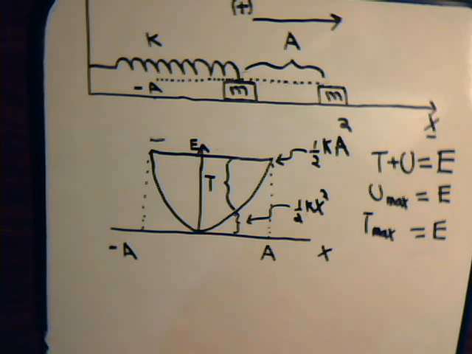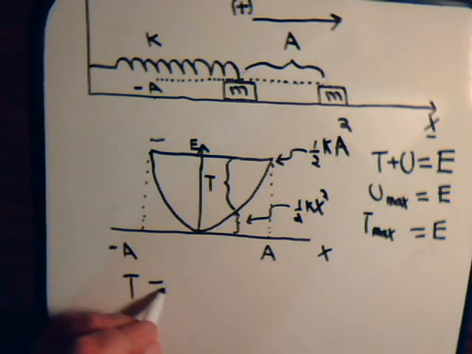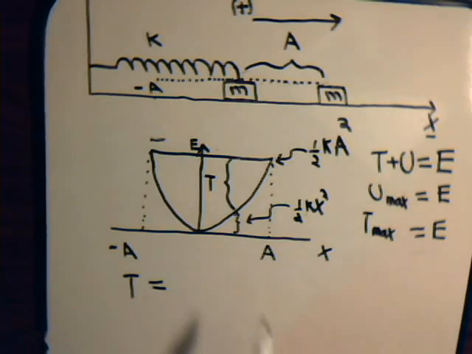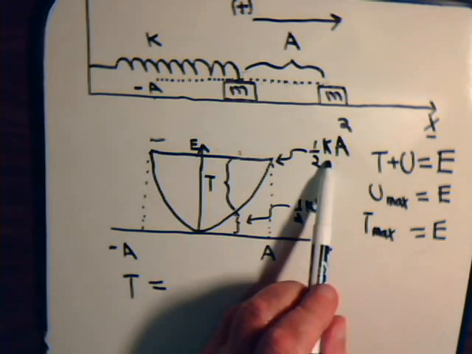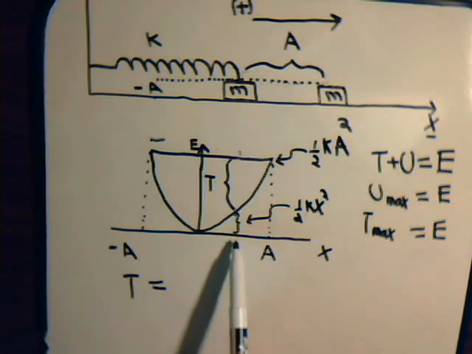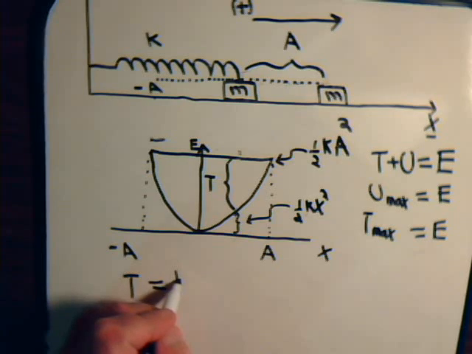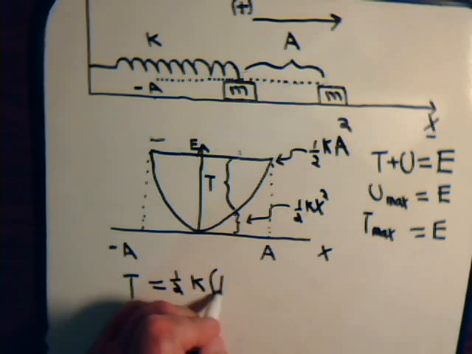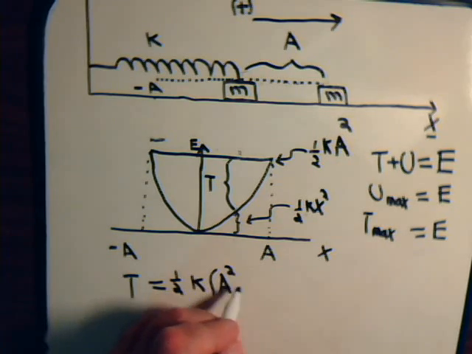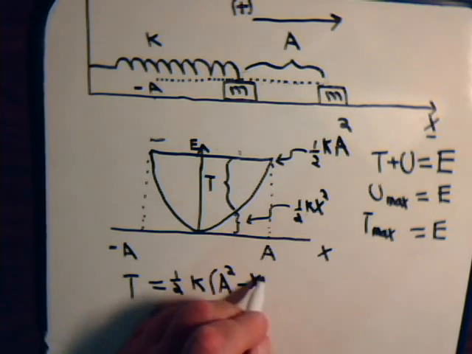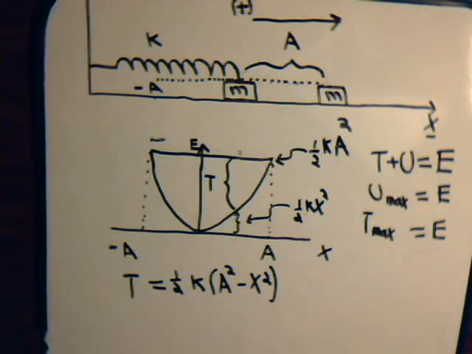So we have then that the kinetic energy is equal to this 1/2 kA squared minus this 1/2 kx squared. So we have T equals 1/2 k times A squared minus x squared.